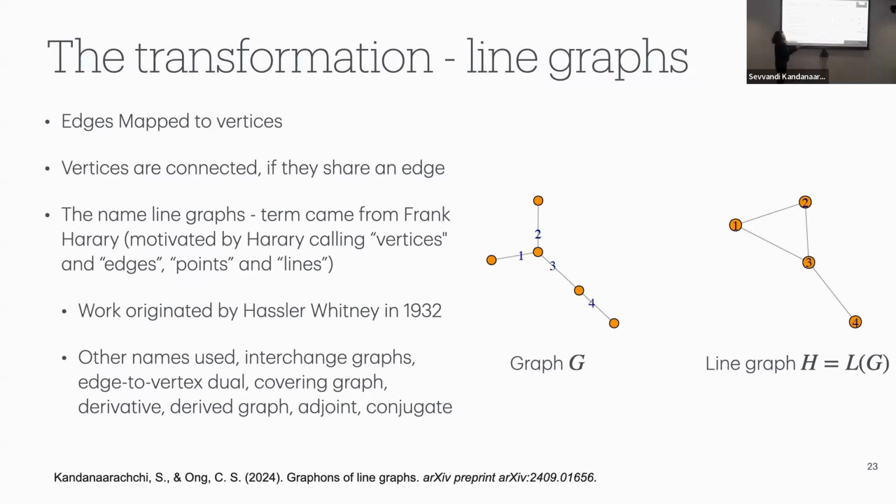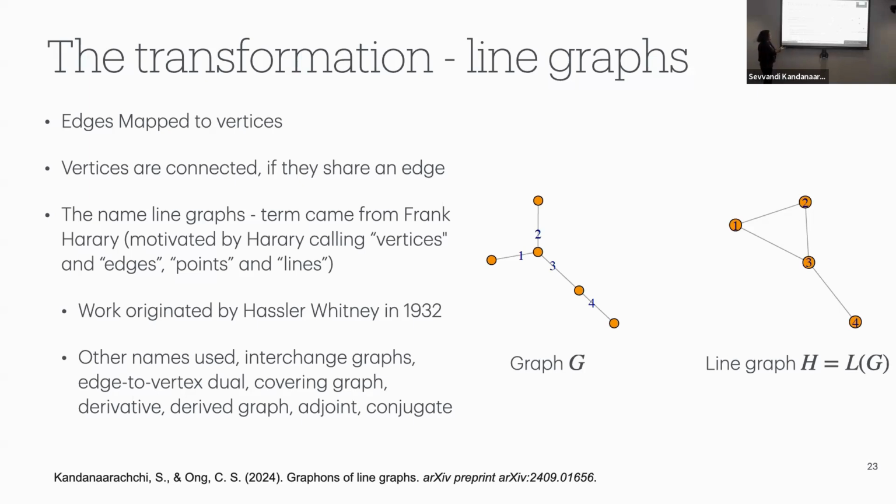It's called the line graph because a long time ago Frank Harary, when he was doing graphs, called vertices points and edges lines. So the term line graph, but I'm not a fan of the name, because it's difficult to Google: you get time series type graphs when you Google line graph.